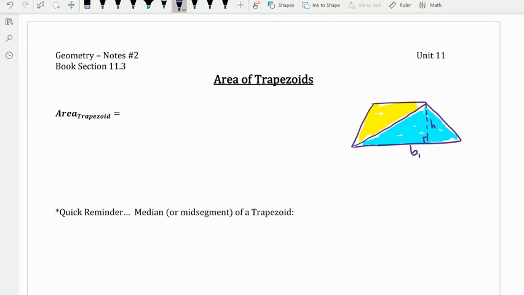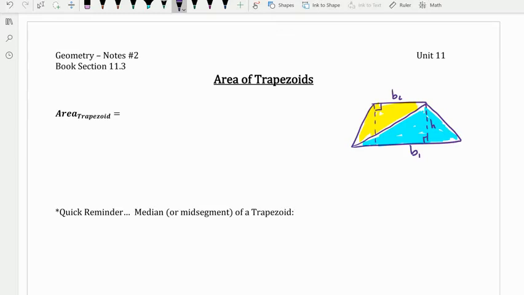Now, if I'm looking at the yellow triangle, I'm going to use this one up here as my base because that's my other base of my trapezoid. So that kind of works with a triangle. And then if I want to look at that triangle's height, well, again, I want to draw a perpendicular to that line, or to that base, which would go here, right? So it would be that guy there, would be our height.